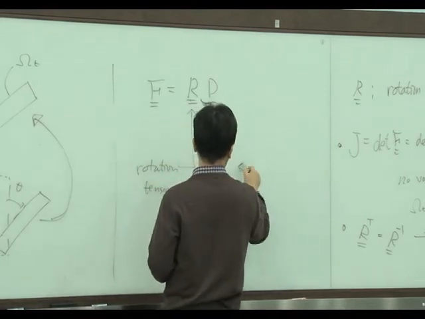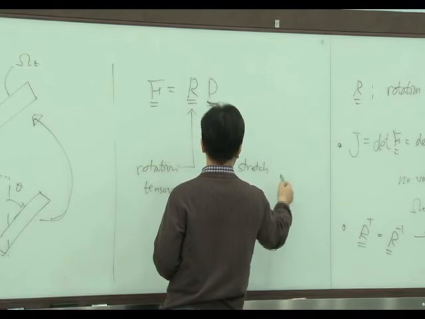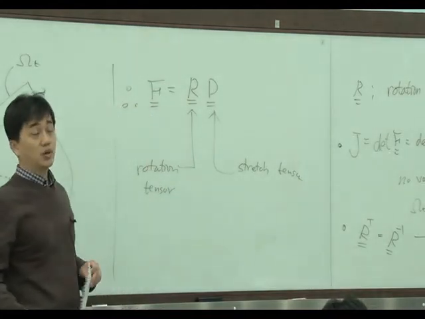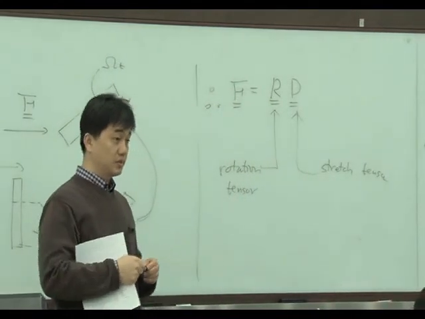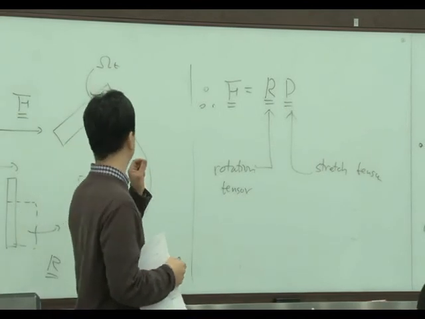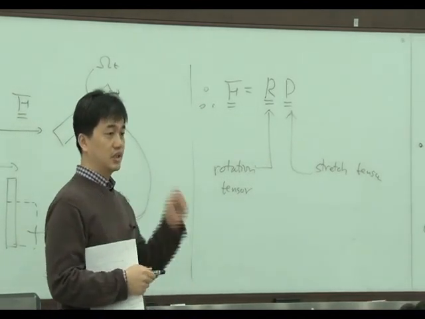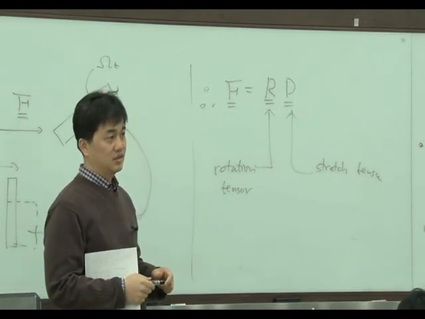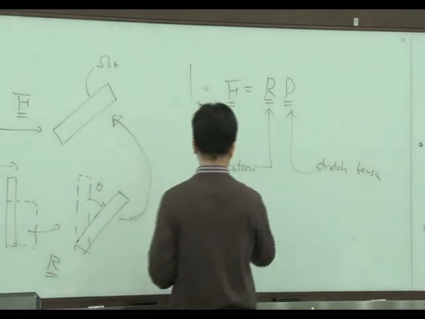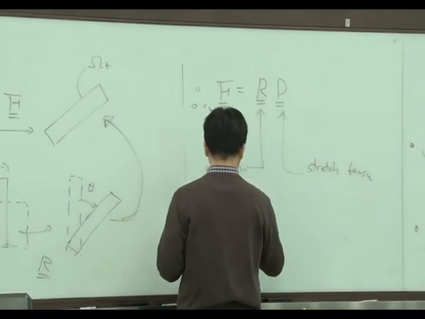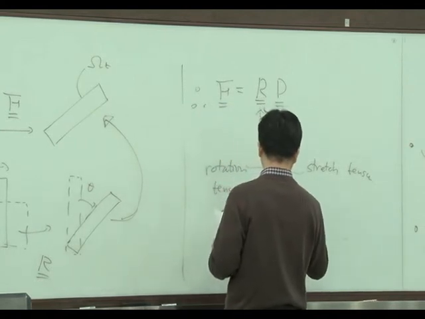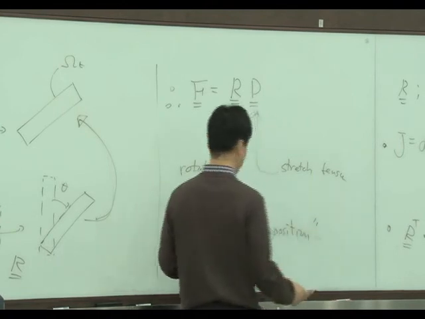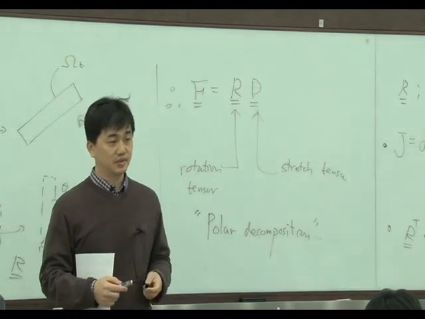D is a stretch tensor. This is a polar decomposition. We can decompose the deformation gradient into rotation and stretch. This is polar decomposition. Okay, this is a very, very important concept.